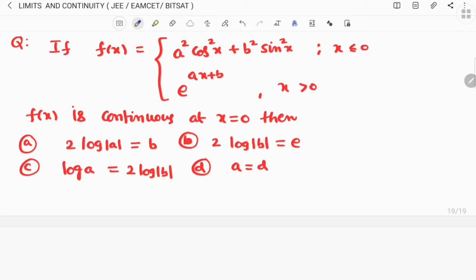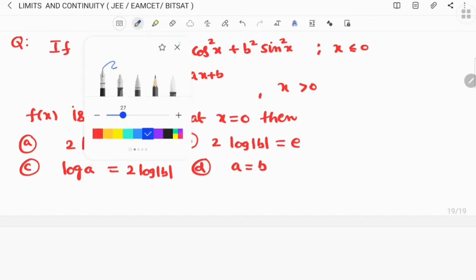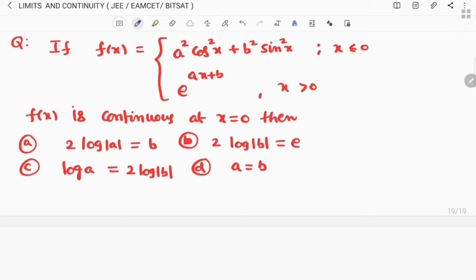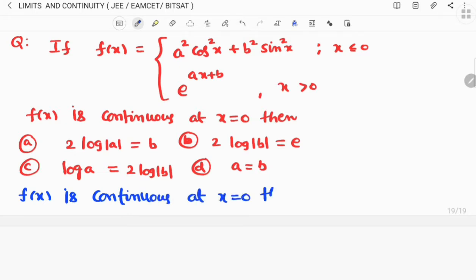See here, the function is continuous at x is equal to 0. Whenever a function is continuous, we know that if f of x is continuous at x is equal to 0, then we have limit x tends to 0 plus f of x is equal to f of 0 is equal to limit x tends to 0 minus f of x.